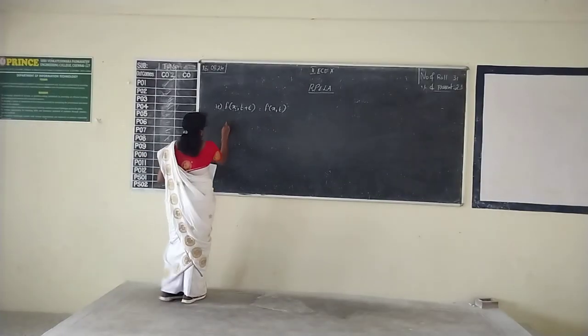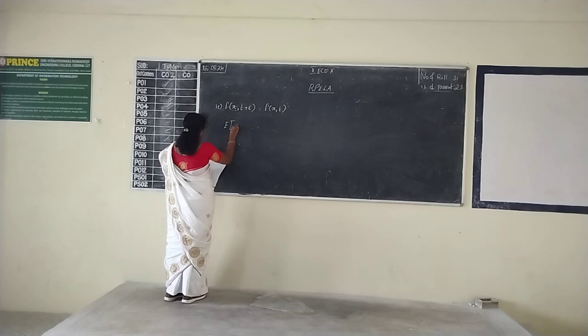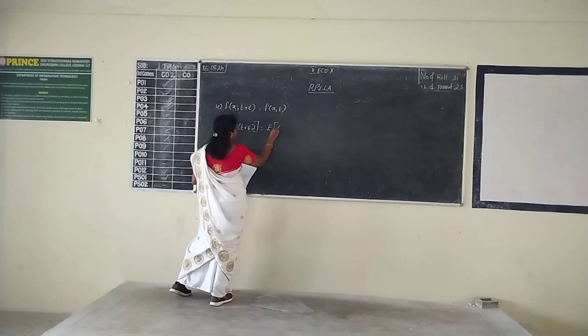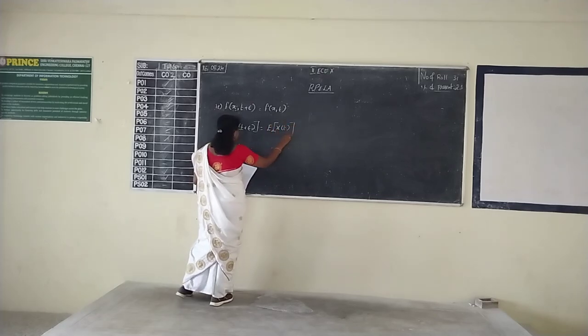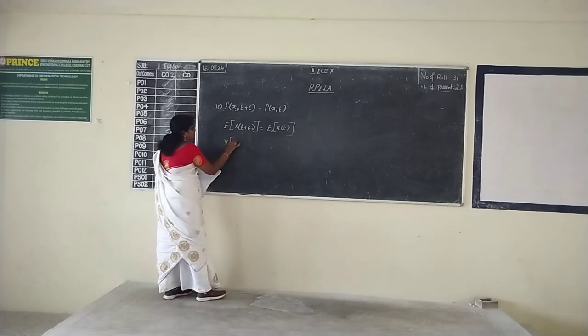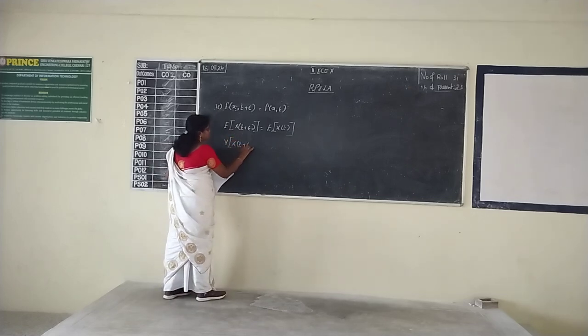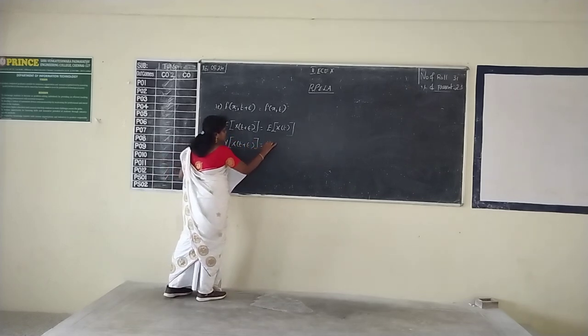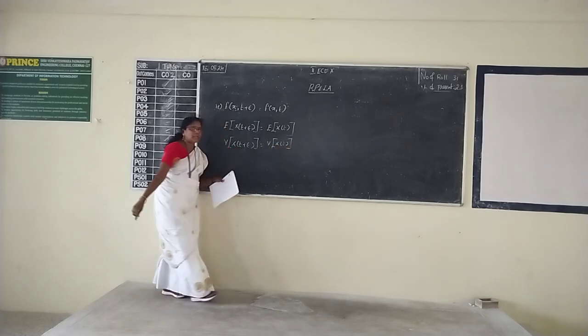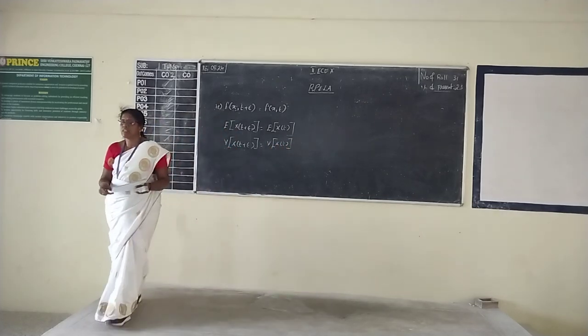That is, expectation of x of t plus epsilon should be the same as expectation of x of t. Similarly, variance of x of t plus epsilon should be the same as variance of x of t. These are the conditions based on our statistical measures.